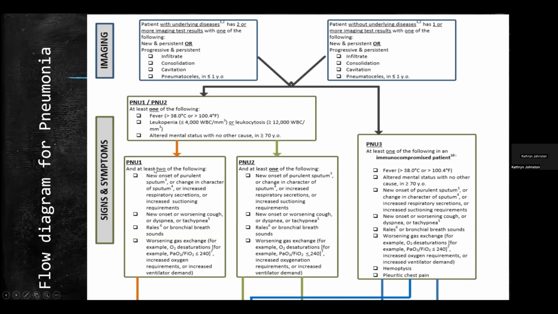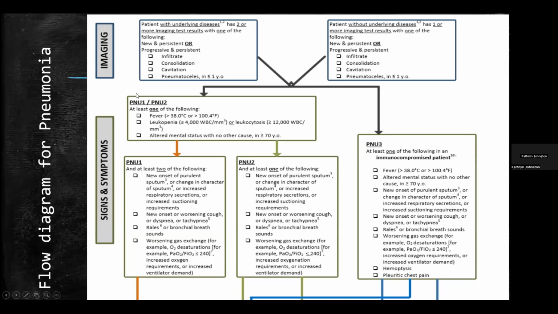So for pneumonia 1, they have to have one or more imaging results with a new and persistent or progressive and persistent infiltrate, consolidation, cavitation, or in children less than 1 year, pneumatoceles.